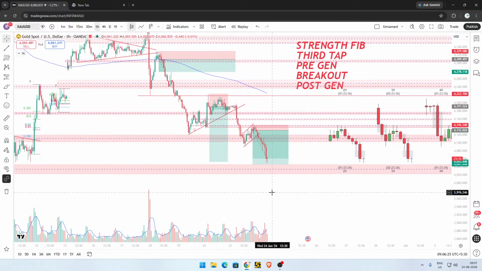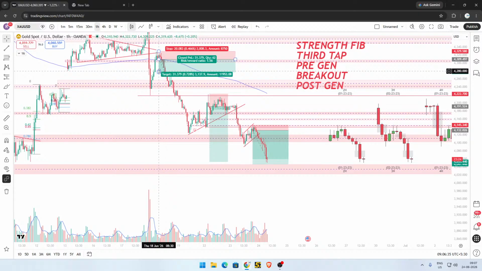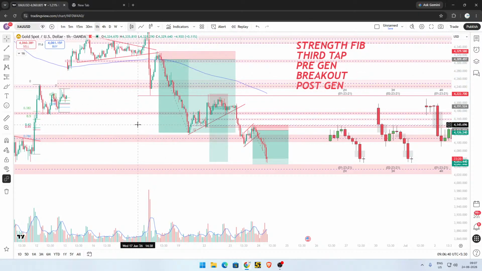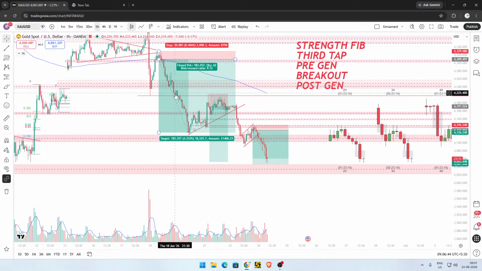But if you are risking 1%, then you are up by 6%. Here, even though you can get a 9%, number one, you cannot hold that trade. You will cut the trade. That is why it is not profitable.